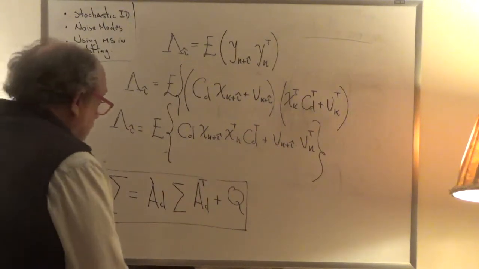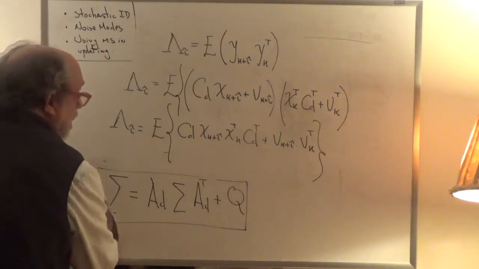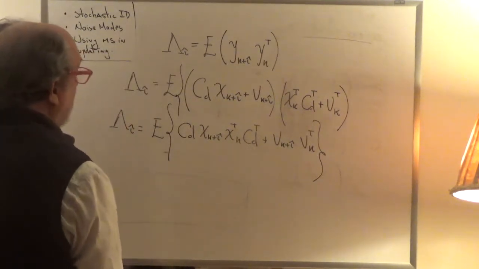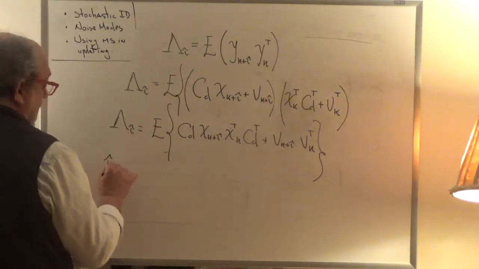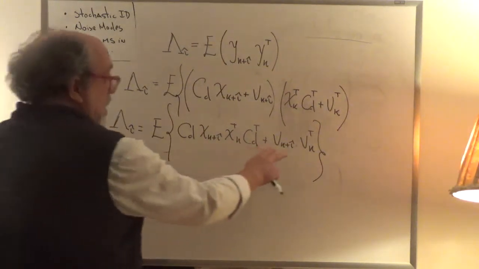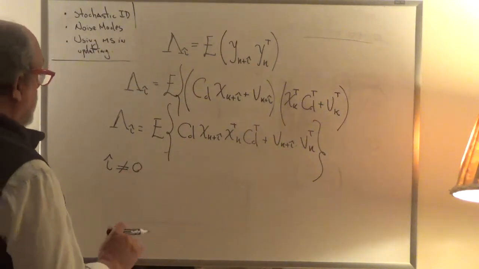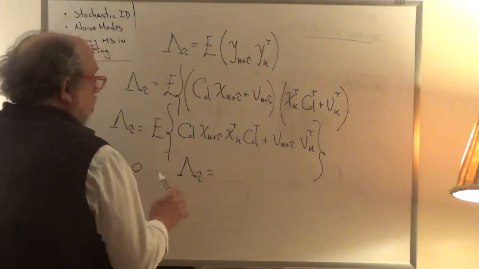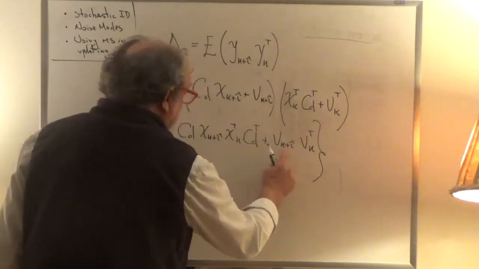Now, I'm going to have to erase here and bring it back, otherwise I have no room. So we have that. Now, if I is not equal to 0, because if it is equal to 0, we have Vk transpose, and that was R, right? But if I is not equal to 0, then lambda I capital is equal, this cancels because we said this is white noise and it has no correlation for any shift.